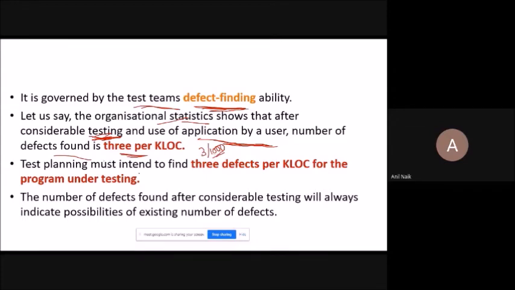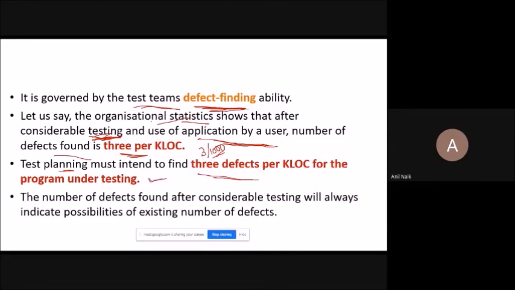So test planning must intend to find 3 defects per 1000 lines of code for the program under testing.